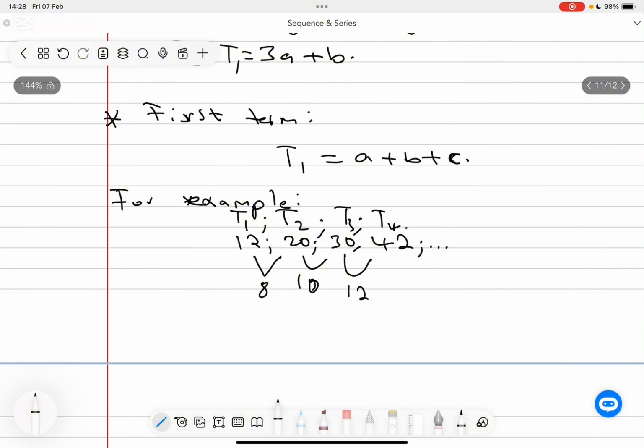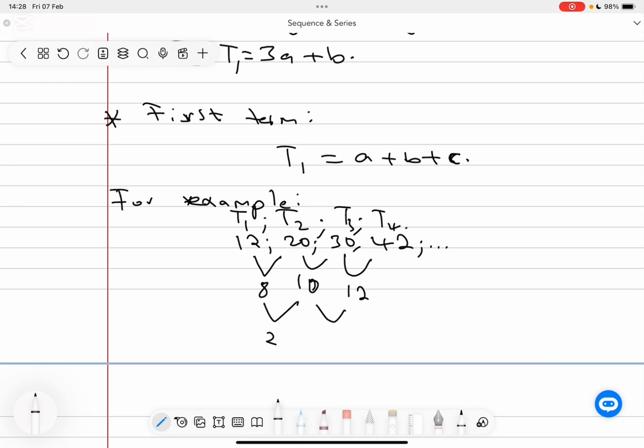Now I can continue going further to test the second difference, because at this point we're going to get the second difference. Remember, this here is the first difference, so the number that I get here is the second difference. Now if I say 10 minus 8, I should get 2.